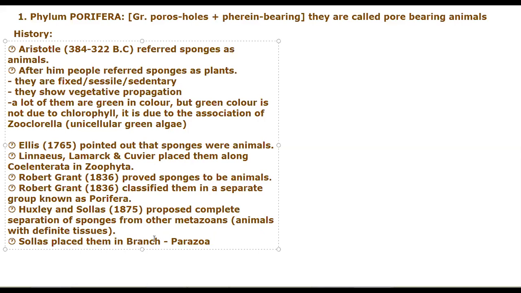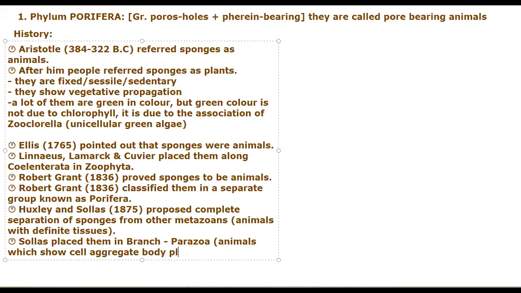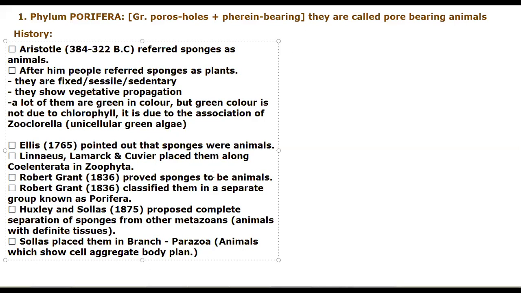Sollas placed them in a branch called parazoa. So what are parazoa? These are animals which show cell aggregate body plan. So that is the history of this category of animals.